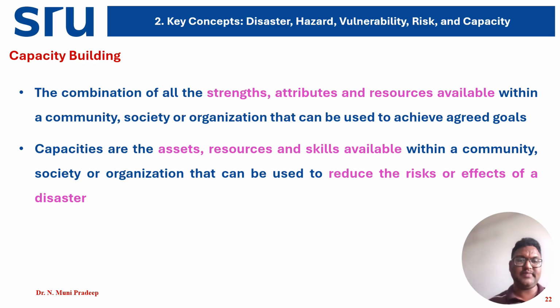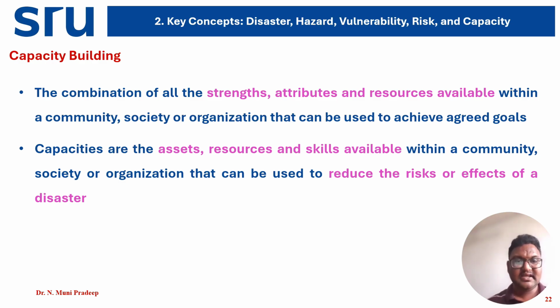There are many definitions, but I'll simply discuss two to three main ones. The first definition: capacity is defined as the combination of all strengths, attributes and resources available within a community, a society, or an organization that can be used to achieve agreed goals.